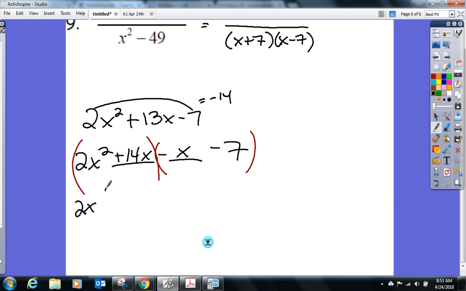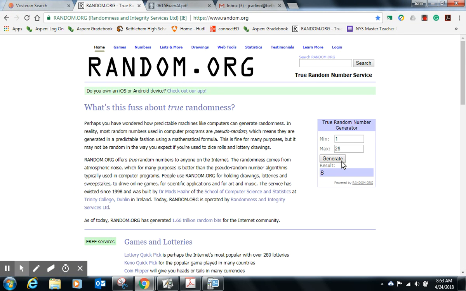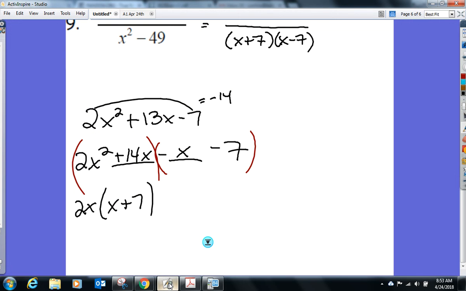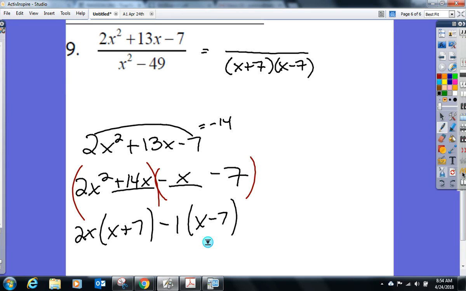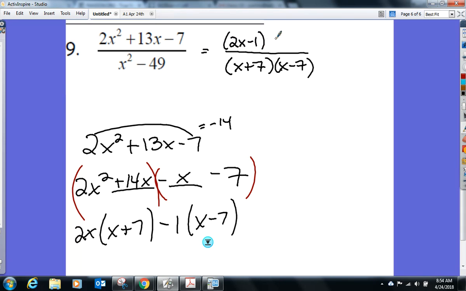And what are you left with, Emma? Got it. Now remember, you want to be left with an x plus 7 in this next one. What must I take out of the next one to be left with an x plus 7? -1, and I'll be left with an x minus 7. So go back up to the top. This factors into 2x minus 1 and x minus 7.